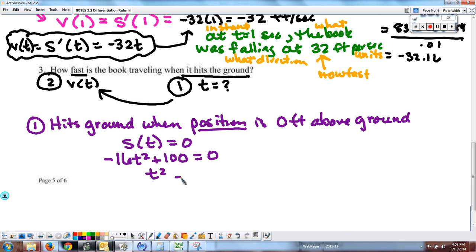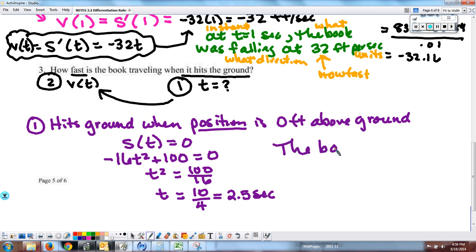We solve that, t squared equals 100 over 16. And while yes, technically you would have a plus or a minus, you don't have a plus or a minus because we dropped the book. Time 0 is when this problem started, so we're only concerned about the positive value in this. So at 10/4 or 2.5 seconds, that is when the book hits the ground.